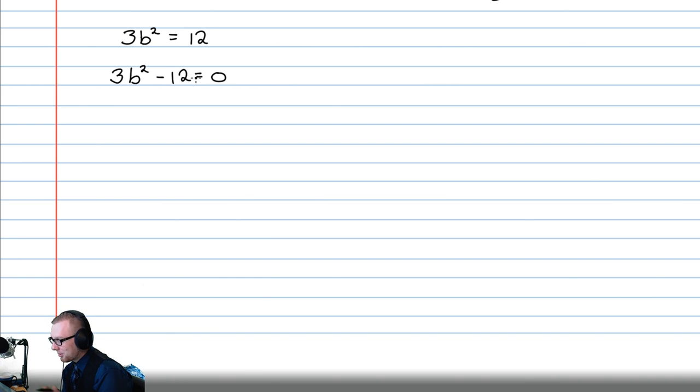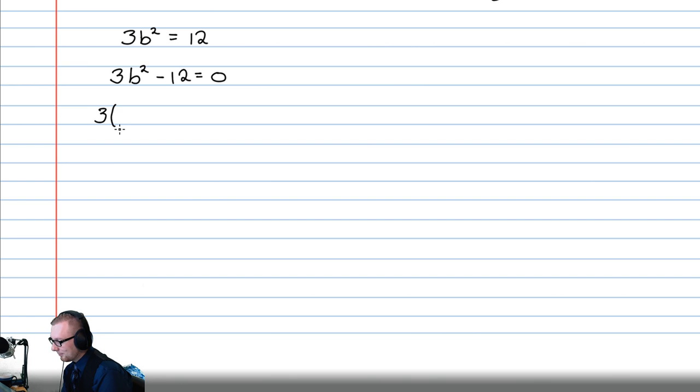Start by finding the greatest common factor between all the terms. So what's the greatest common factor between these two terms? 3. Good. So if you take out a 3, what are you left with? Oh, my bad.